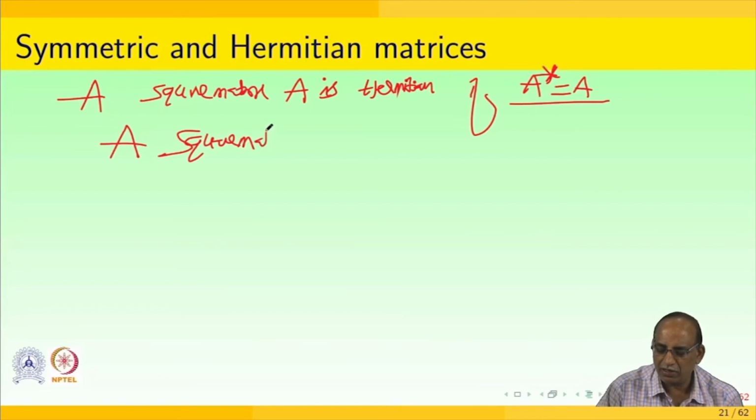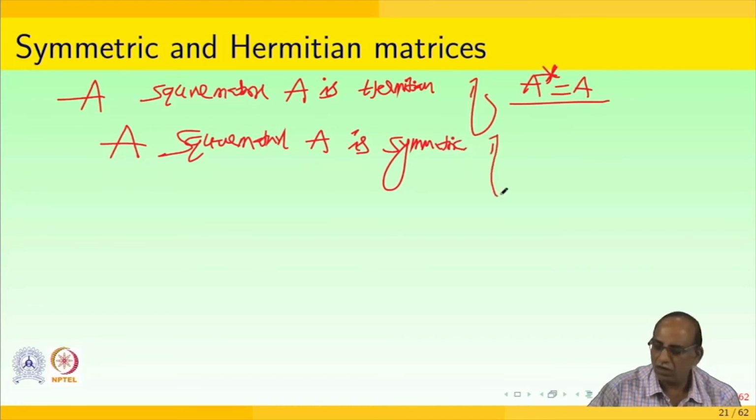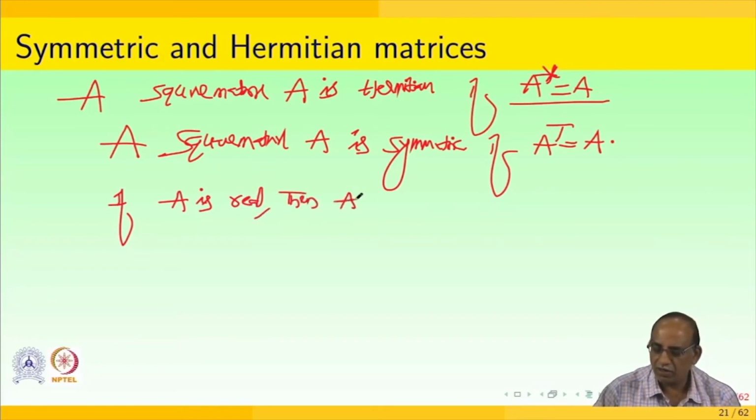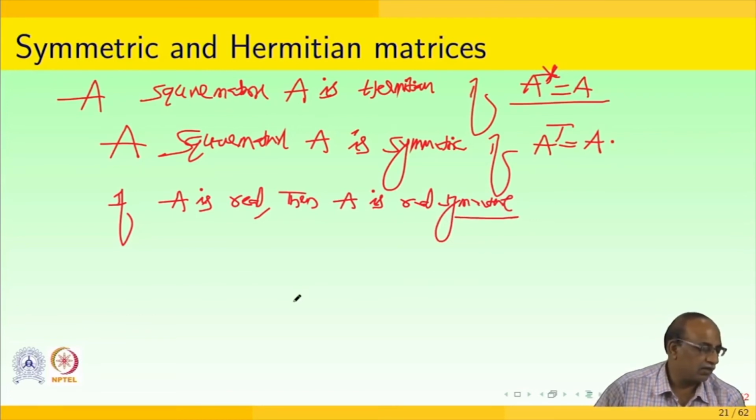A square matrix is symmetric if A transpose is equal to A. If A is real, then A is real symmetric.